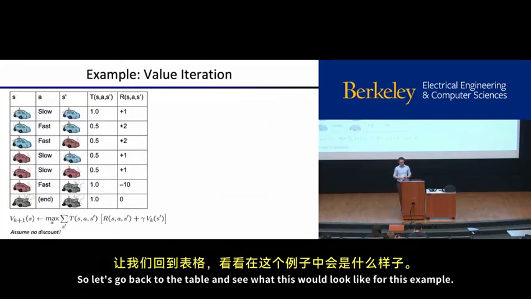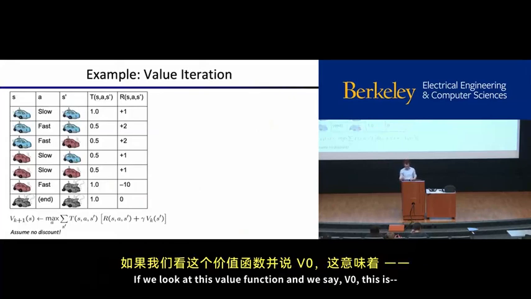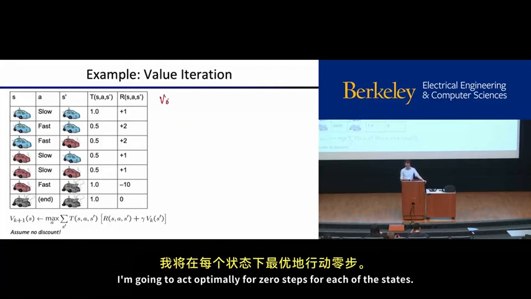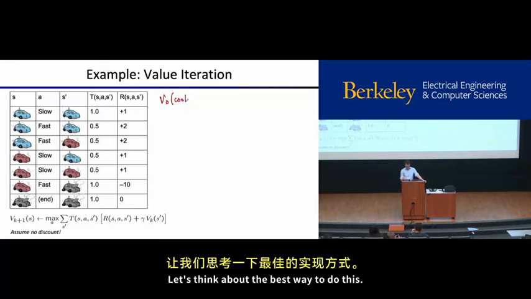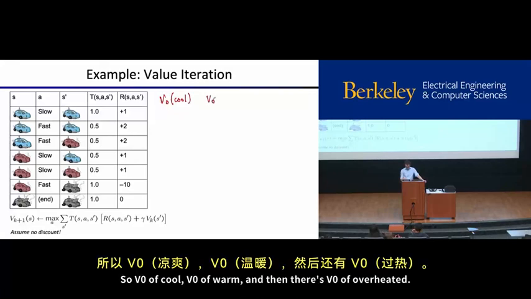So let's go back to the table and see what this would look like for this example. If we look at this value function, v0, I'm going to act optimally for 0 steps for each of the states. We'll write them side by side: v0 of cool, v0 of warm, and v0 of overheated.